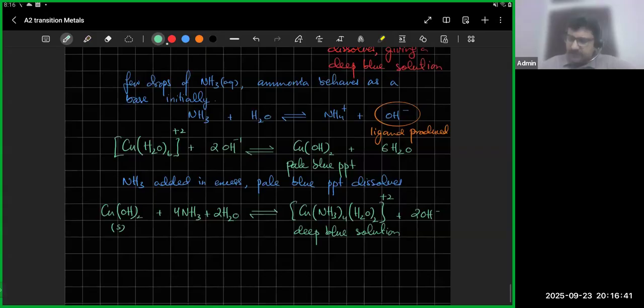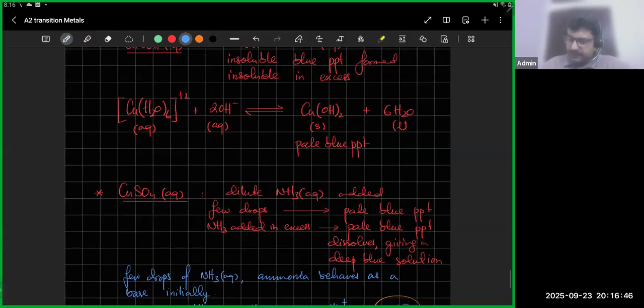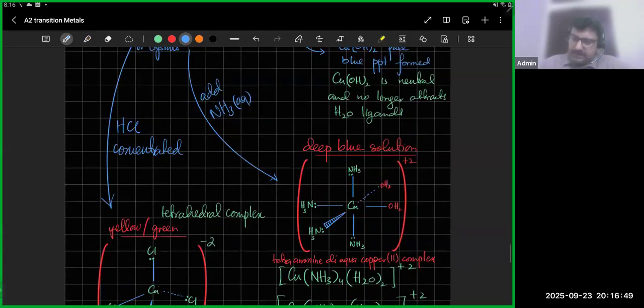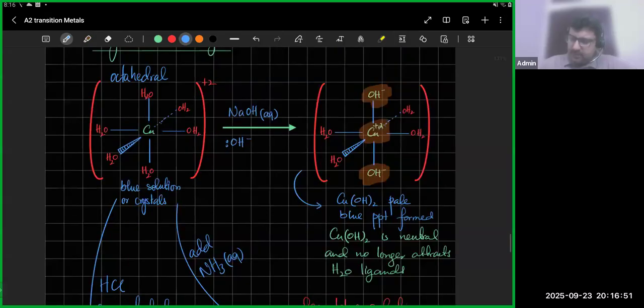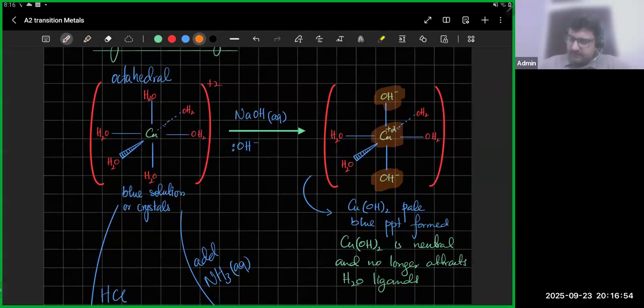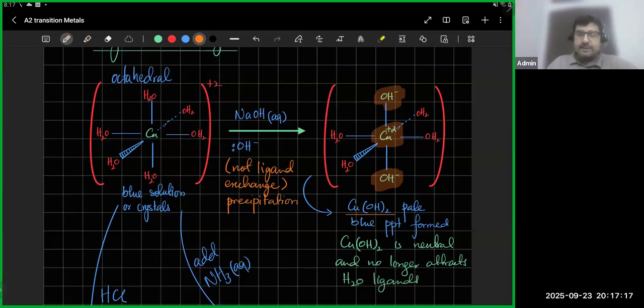One thing you've got to remember: there's one reaction which is not ligand exchange, and that's this one over here with OH ions. This one is not ligand exchange because Cu(OH)2 is a crystal forming, that's precipitation. A precipitate is formed, so that's known as ionic precipitation or just precipitation.